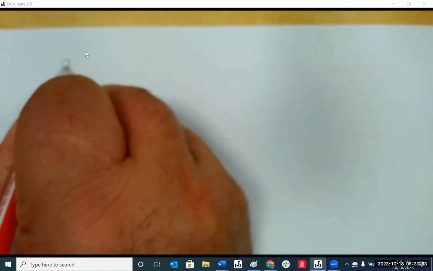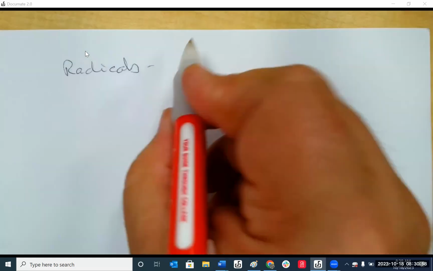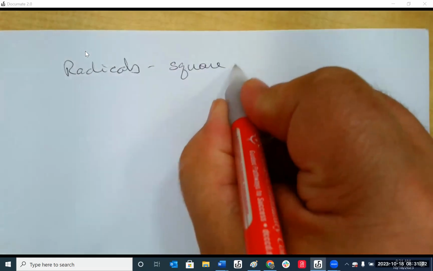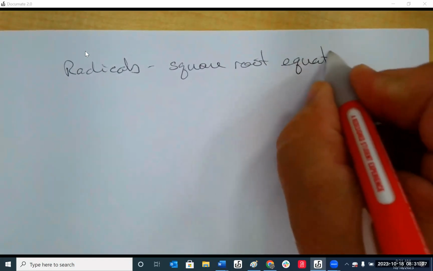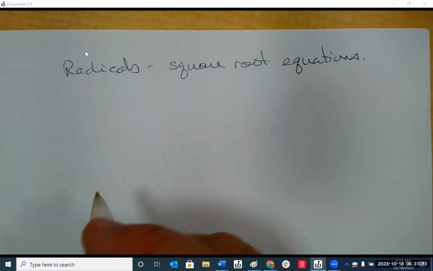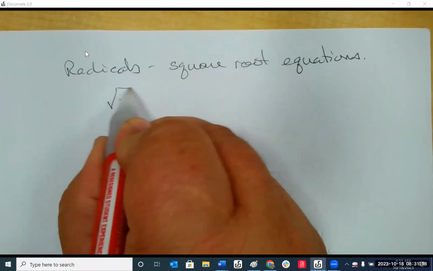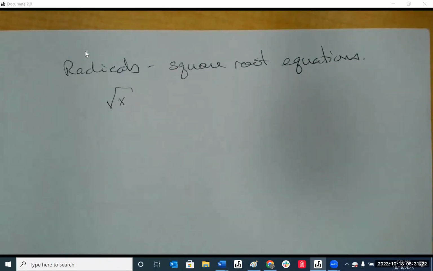All right, what are radicals? They're square root equations. So what rule do we have for radicals?